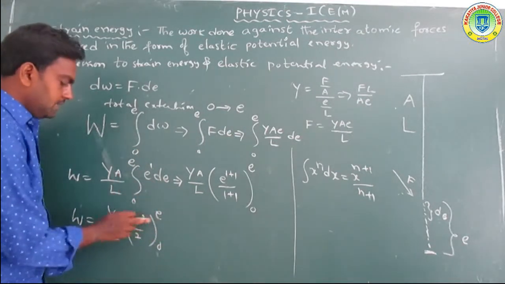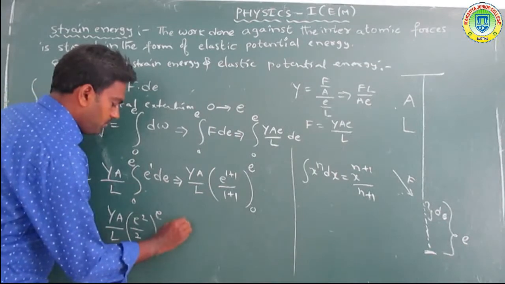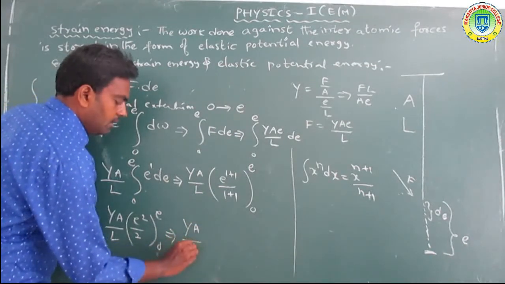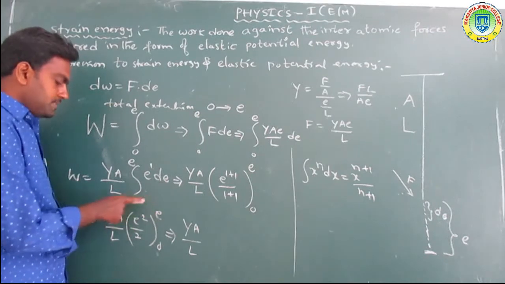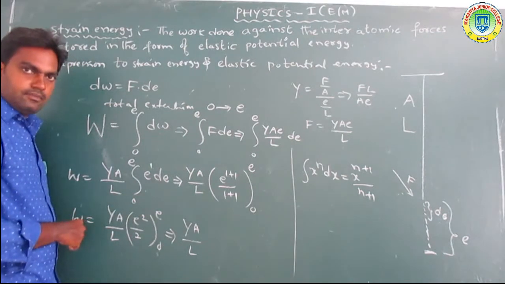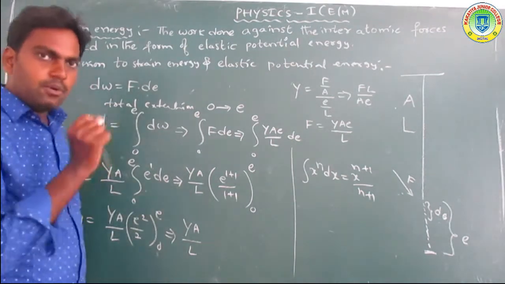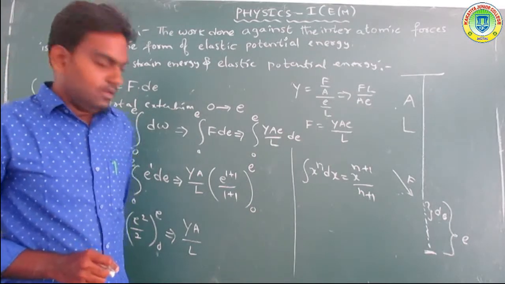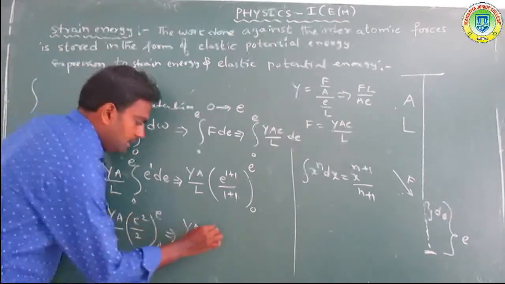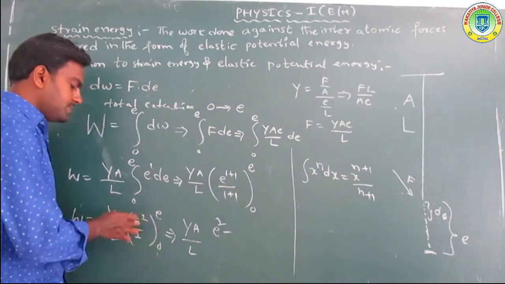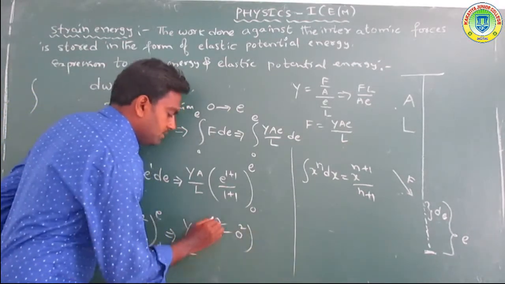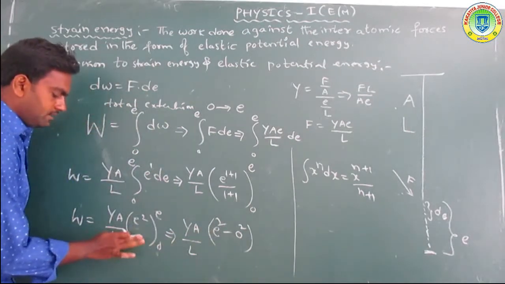Now substituting the limits: upper limit e substituted minus lower limit 0 substituted. That means e square minus 0 square, and the 2 is taken outside.